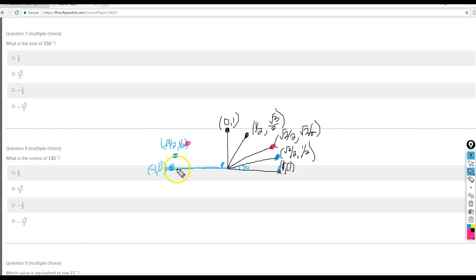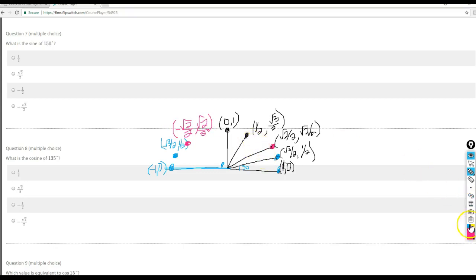If I started from 180 degrees, I subtracted 45 to get 135. And since we're headed to the left, these coordinates will stay the same. That length didn't change. The radius didn't change. So the only change is in the direction, which is now we're going to the left, which is a negative x coordinate. So we have negative square root of 2/2, square root of 2/2.